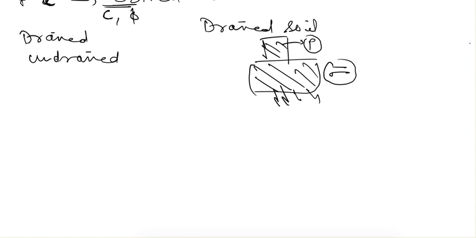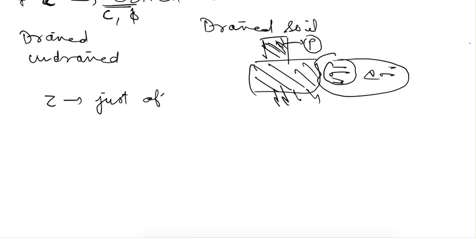If this building is applying some load P, because of that this effective stress will increase by delta sigma. This increase will have happened just after the construction. So we can find out our shear strength just after construction, and that will give our critical condition.